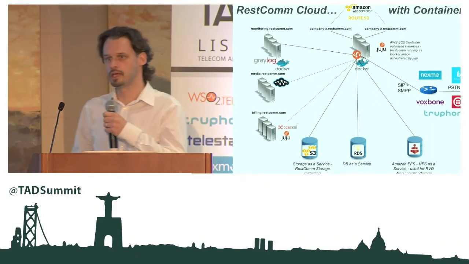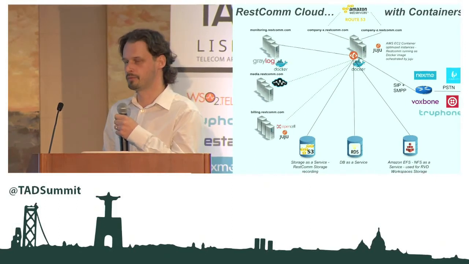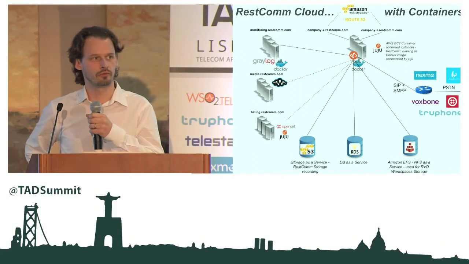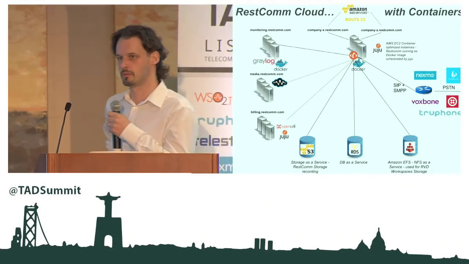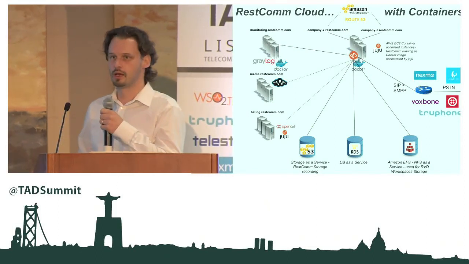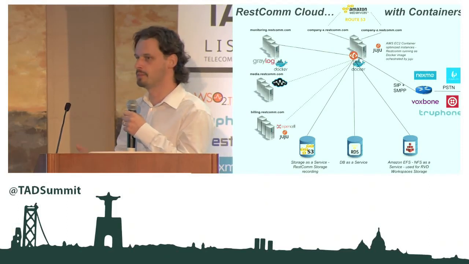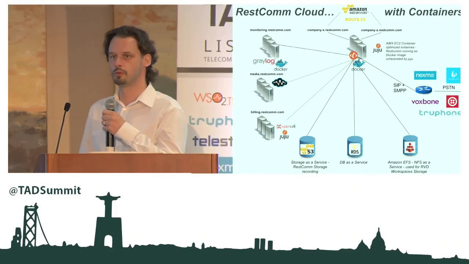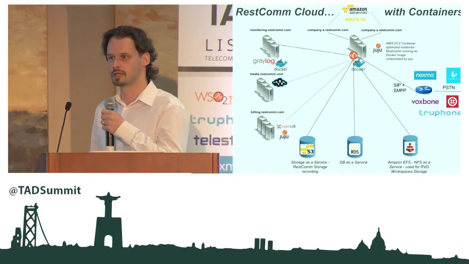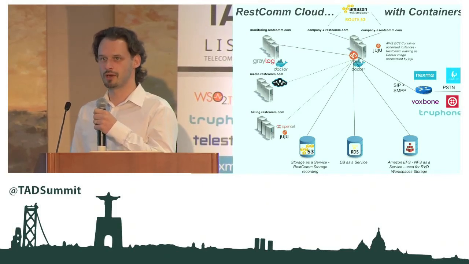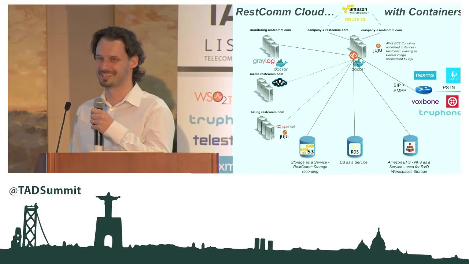We'll be iterating on that. As some of you may have noticed, Slovak Telecom have been using RESTCOM Cloud already for their service number mapper. We'll keep iterating on that blueprint architecture and bring more partners into the mix as we move forward, before we go GA, hopefully, for the next TAD Summit.